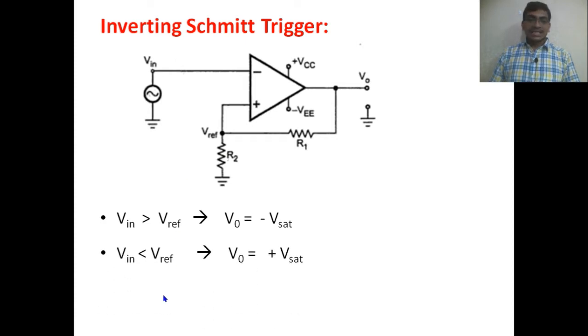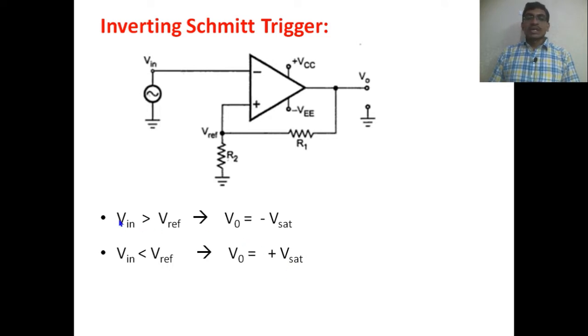The next case: VIN is less than V reference. If the VIN voltage at the inverting terminal is less than the V reference voltage at the non-inverting terminal, which voltage is greater? The plus voltage is greater. Therefore, this plus sign will be assigned to the output, so the output is equal to plus V saturation.